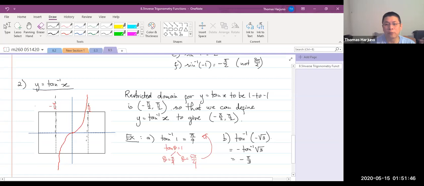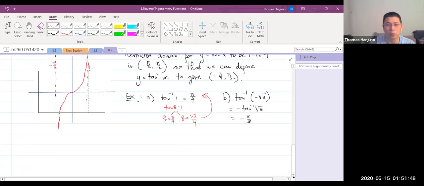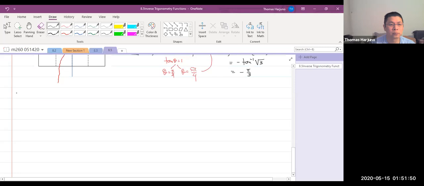Now for cosine, however, y equals cosine inverse x, the restriction will be in quadrant 1 and quadrant 2.